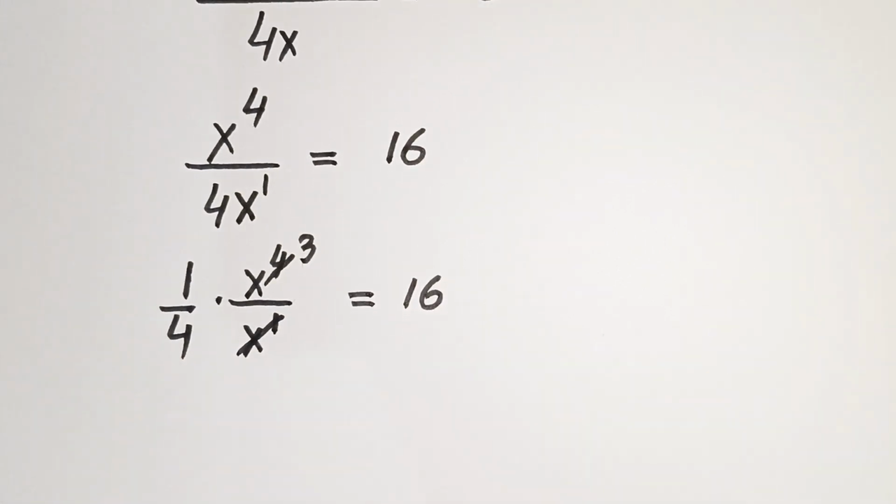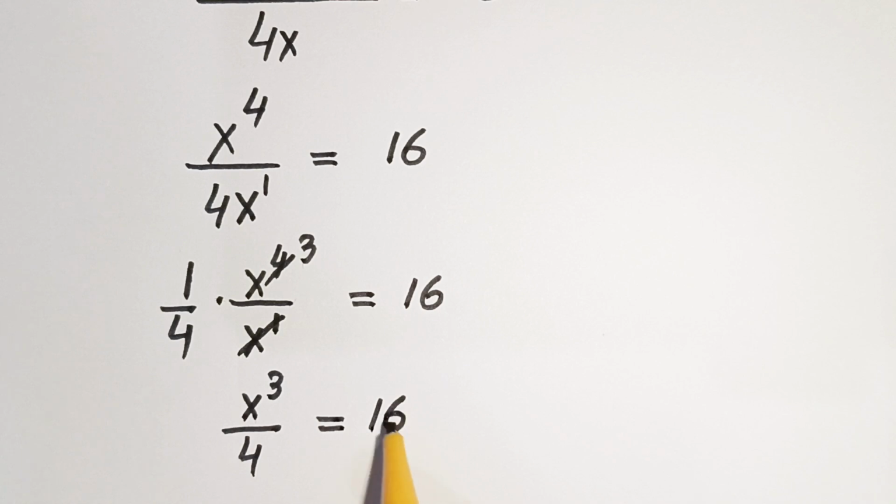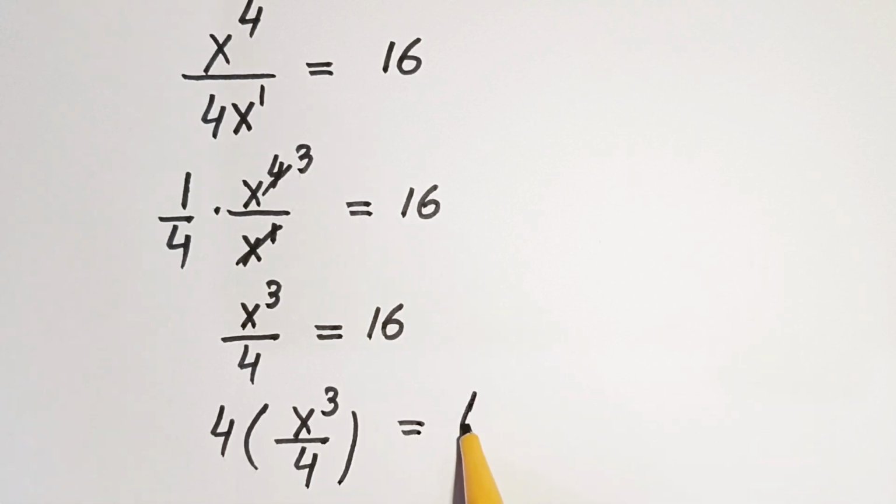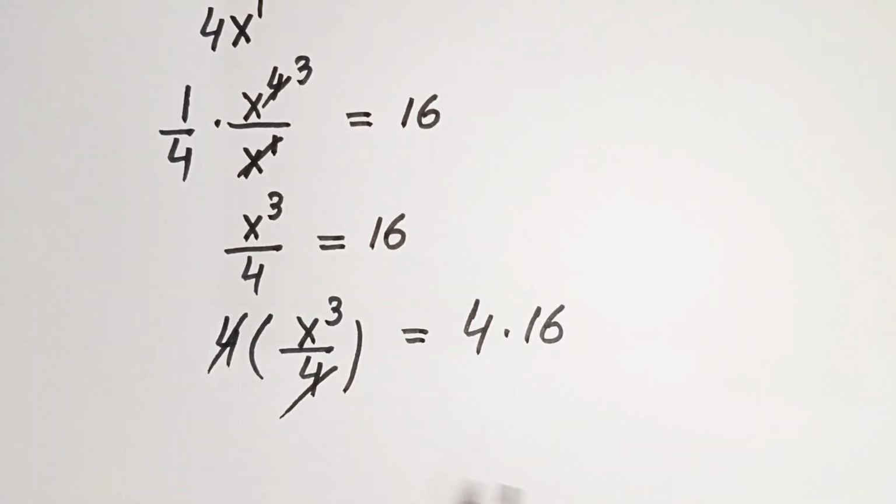So here x cubed divided by 4 is equal to 16. Multiplying by 4 on both sides, 4 times x cubed divided by 4 is equal to 4 times 16. Cancelling 4 with 4, we get x cubed is equal to 16 times 4, which is 64.